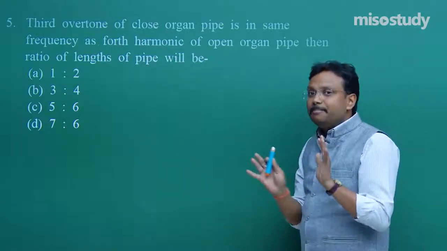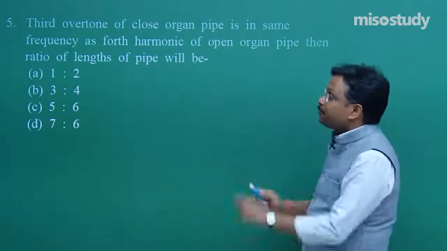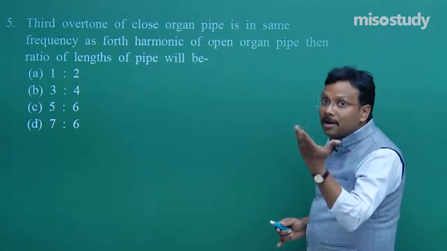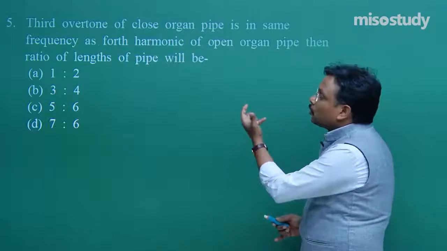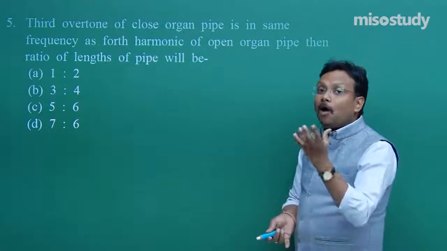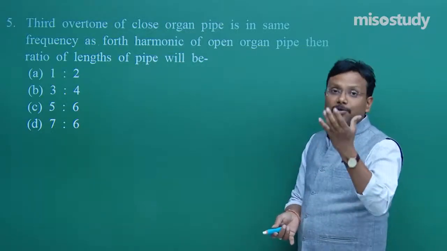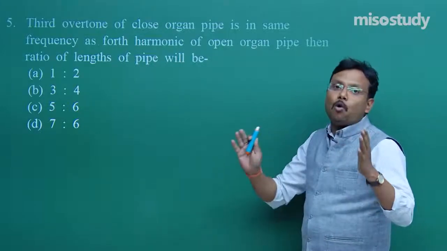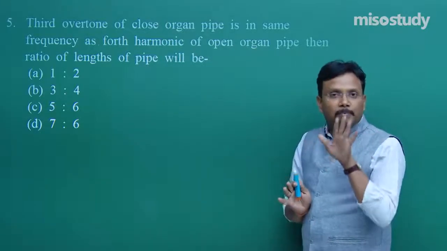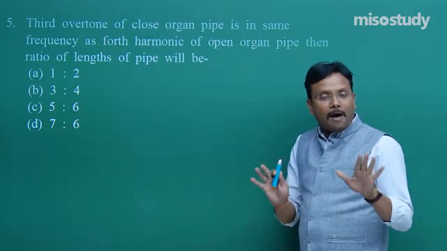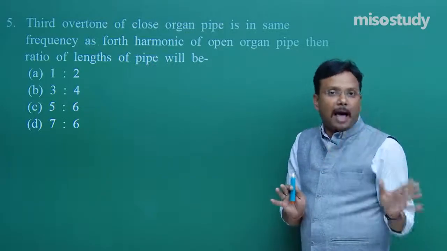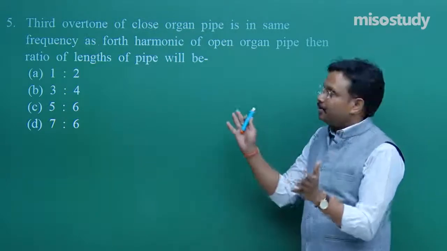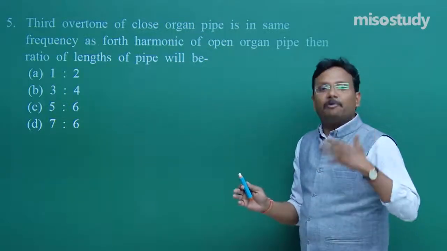What exactly is the meaning, that is important. First you should know what is overtone or harmonics, the idea of a closed organ pipe, the idea of an open organ pipe, and how it is going to be different in terms of formula application. If you have some confusion, please go back and watch the videos we already provided you.